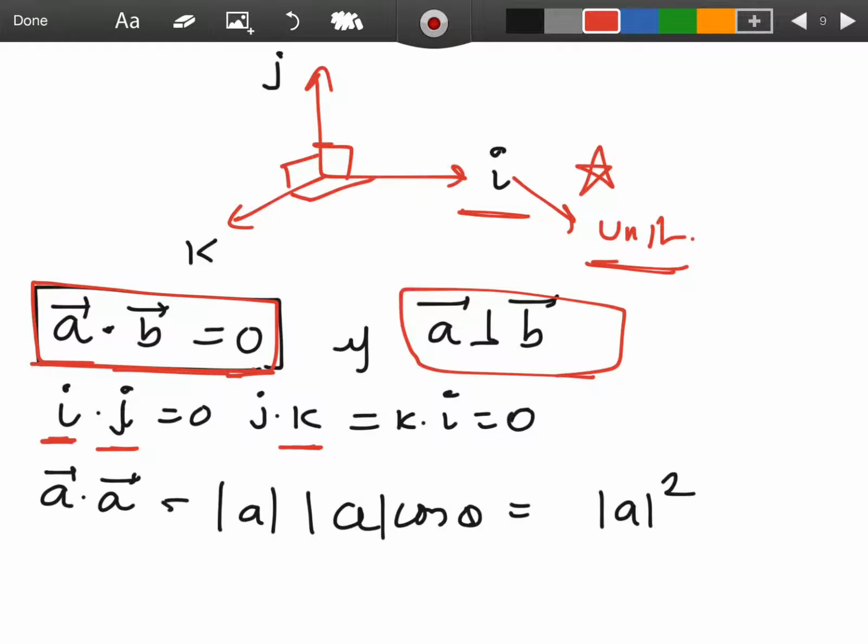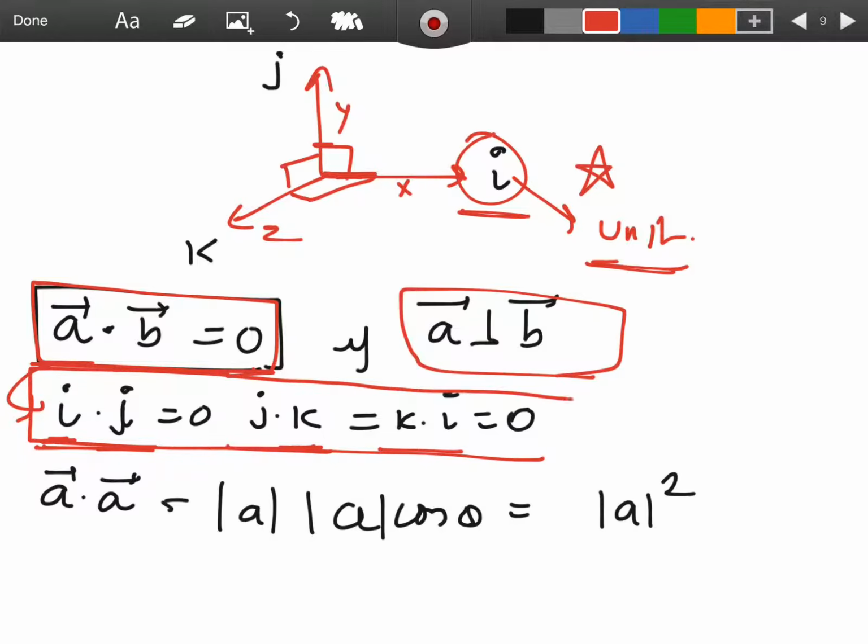So this is the x, y, and z axis basically, and i represents a vector having a length of 1 along the x-axis. The property is i dot j is going to be 0, j dot k is going to be 0, k dot i is going to be 0. So if the vectors are perpendicular, remember that the dot product must be 0.